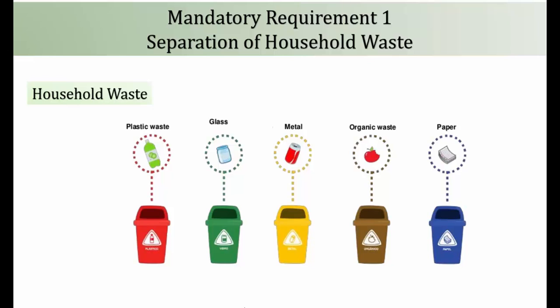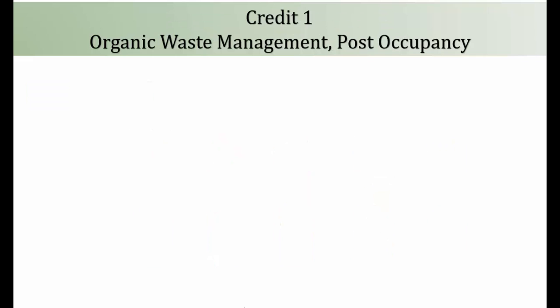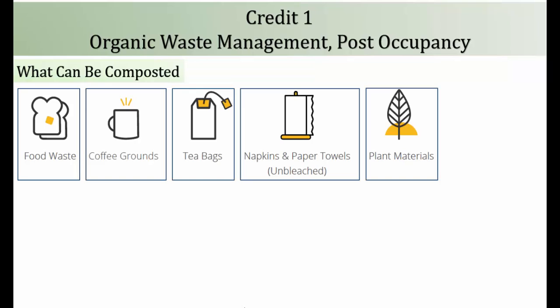Next is organic waste management post occupancy. This is the first optional credit of this section. To meet the credit requirement, the project team needs to install an organic waste converter to treat at least 50% of organic waste generated from the building.